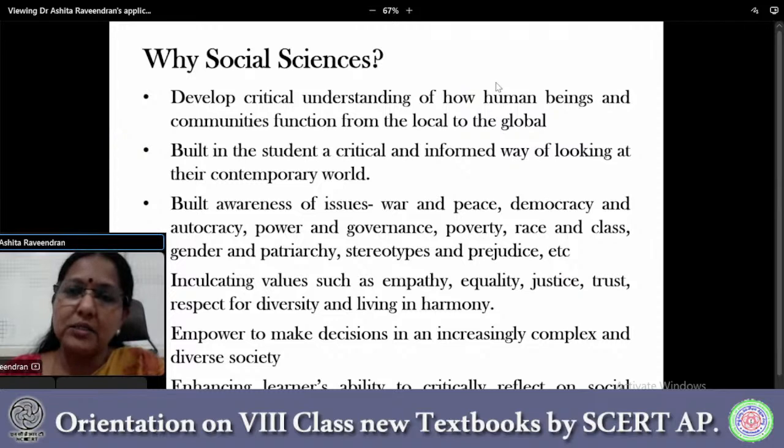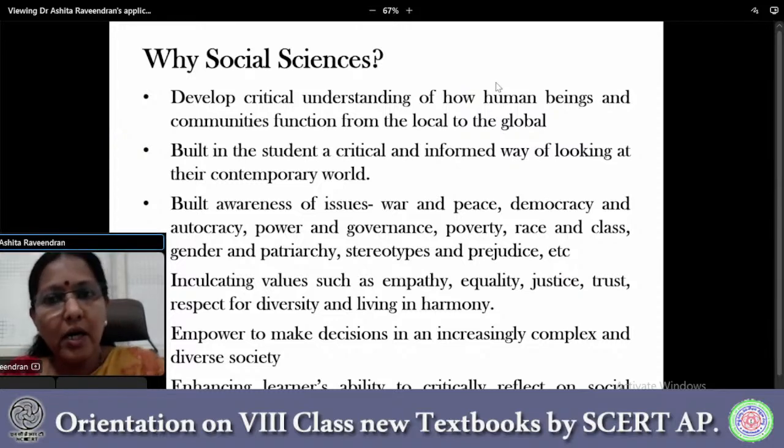Then, when they learn about the geographical differences between regions, the differences in soil, and why differences in soil lead to differences in the cultivation of various products like foods and vegetables, this leads to differences in the type of food that we consume or the dresses that we wear.